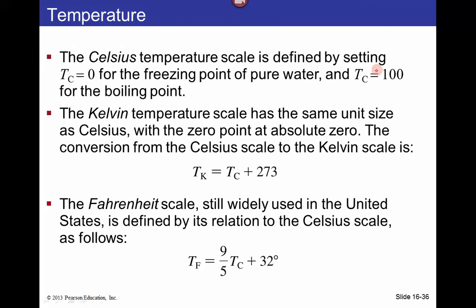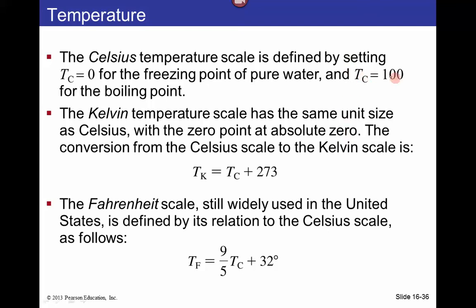So there are three scales that are important for temperature: the Celsius scale, the Kelvin scale, and the Fahrenheit. The Fahrenheit is what we use here in the US, and this is the conversion from Fahrenheit to Celsius. The Kelvin and the Celsius scale are similar.